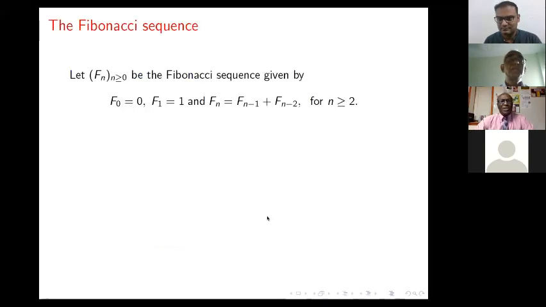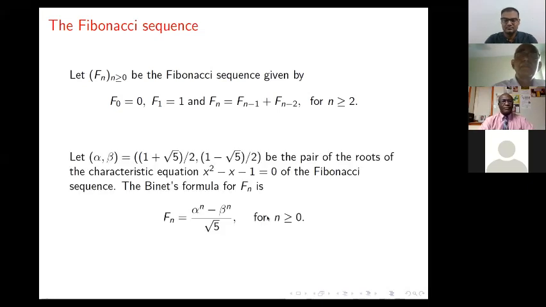So let me refresh the memory of people who may not know some special sequences, like the Fibonacci sequence. The Fibonacci sequence is defined by the initial terms f0 equal to 0, f1 equal to 1, and the recurrence relation fn equal to fn minus 1 plus fn minus 2 for n greater or equal to 2.